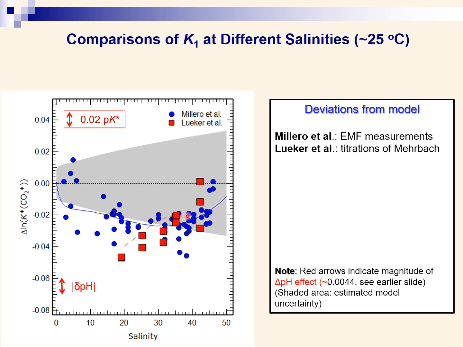Next, we have added the results of Luca et al. from Meerbach's titrations. And we see here that there's generally rather good agreement with Millero's EMF measurements, but also a large scatter relative to the magnitude of delta pH here.